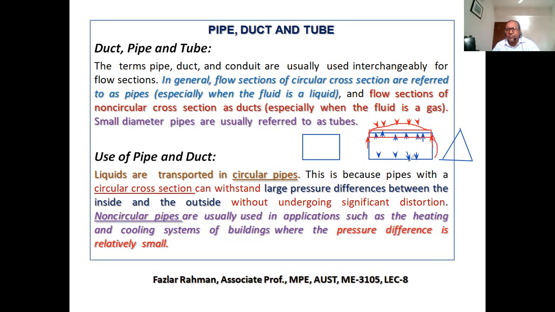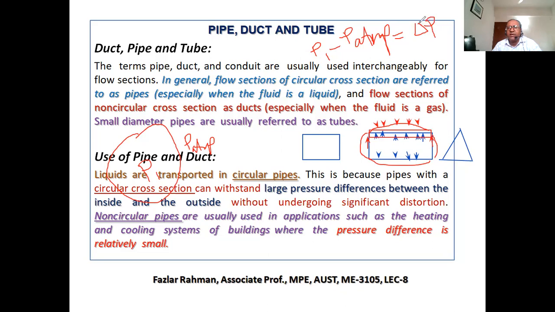Similarly, this edge will be deformed, and this edge will be deformed like that. So if the pressure difference between inside and outside, with atmospheric pressure PATM and inside PI, is PI minus PATM, that is called delta P.